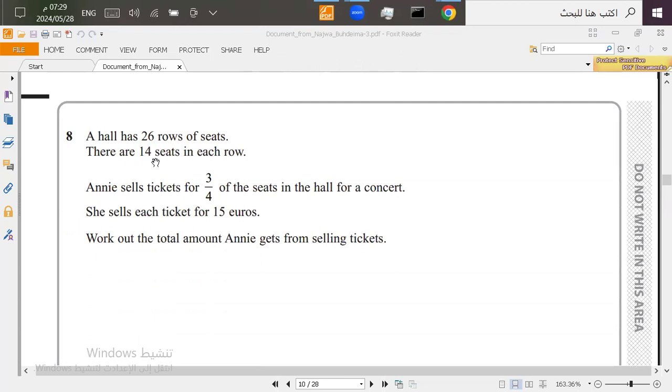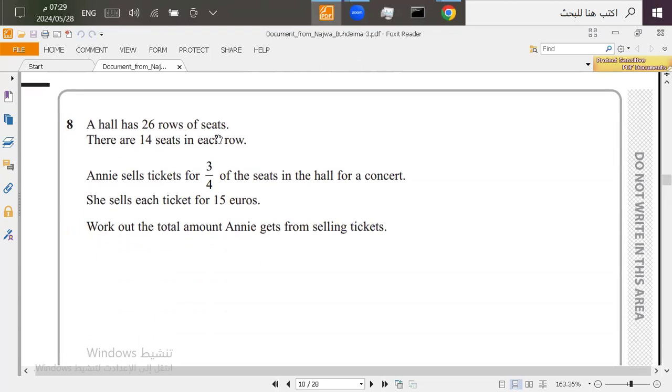Question 8. A hall has 26 rows of seats. There are 14 seats in each row. Annie sells tickets for three-fourths of the seats in the hall for a concert. She sells each ticket for 15 euros. Work out the total amount Annie gets from selling tickets. First, we need to find how many seats we have in the whole hall.